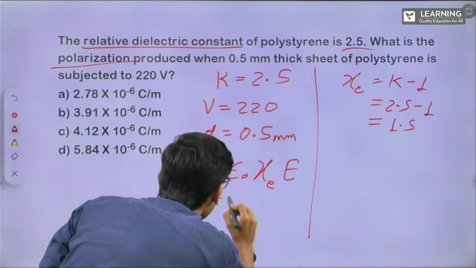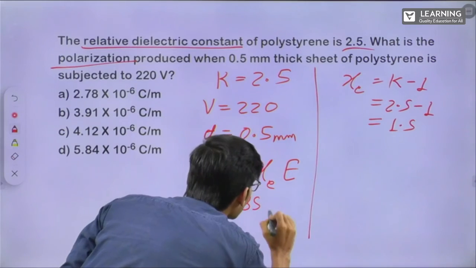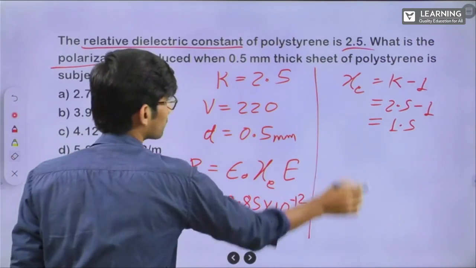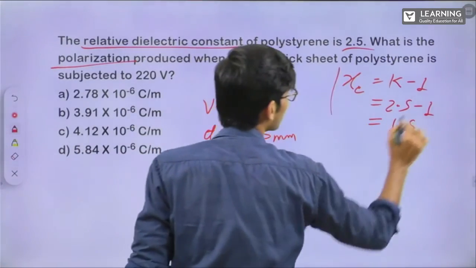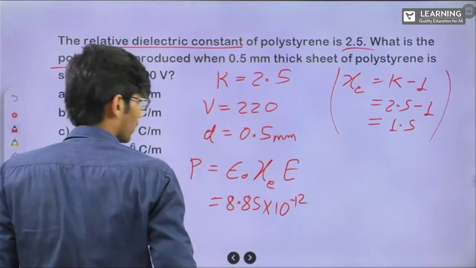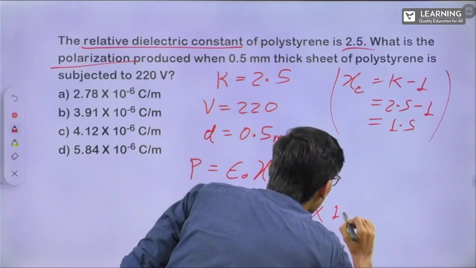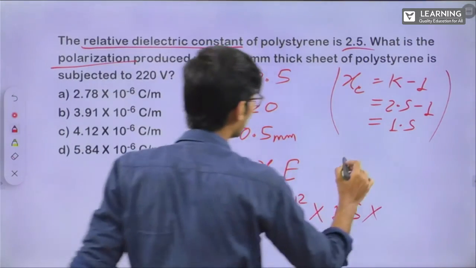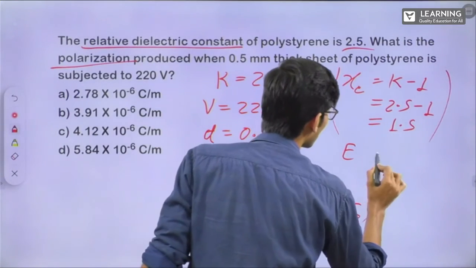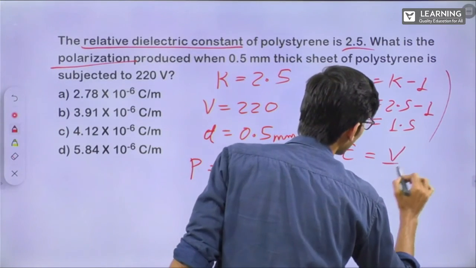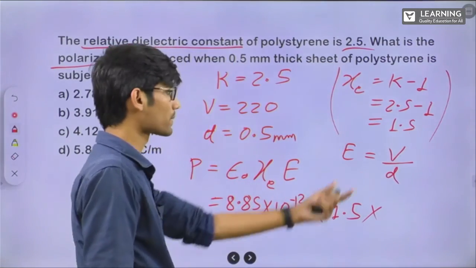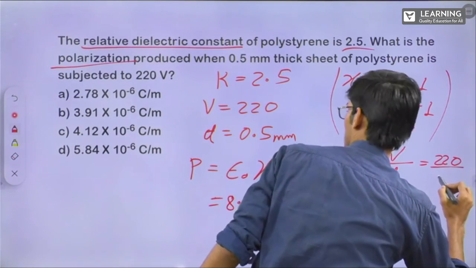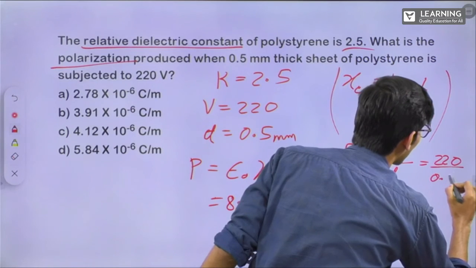Put here 8.85 into 10 power minus 12 into 1.5 into E. How much will be E? V by D. Correct? That is 220 divided by 0.5 mm.